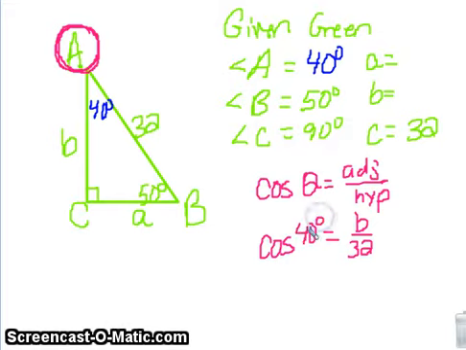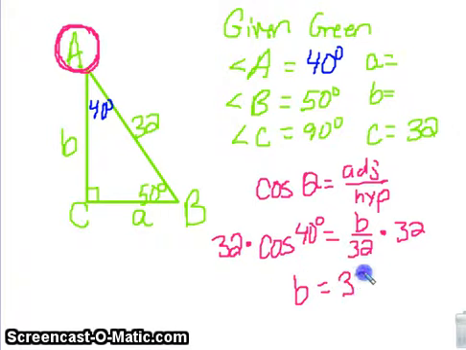So now I have cosine of 40 equals B over 32. How do I get B by itself? Multiply both sides by 32. Absolutely right. Now get out your calculators. We are saying that B is equal to 32 cosine of 40 degrees.